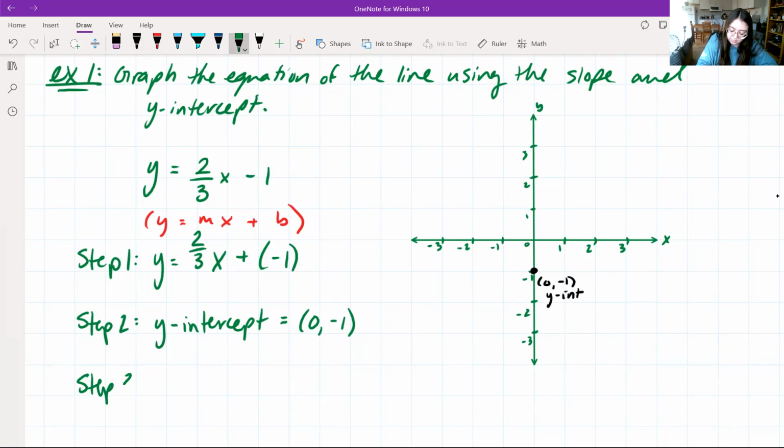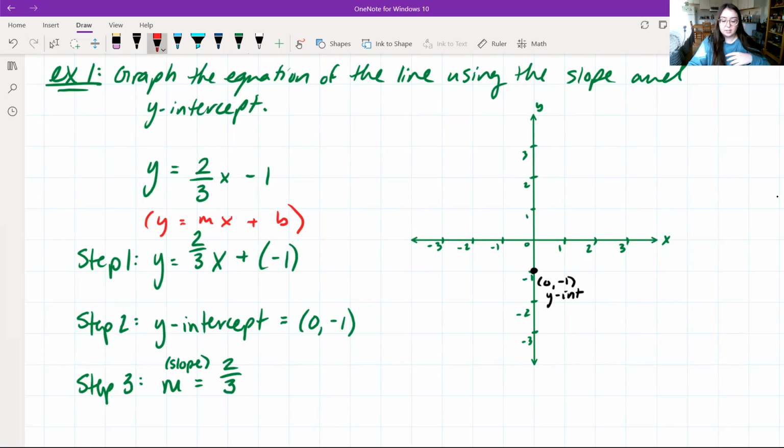And now step three, we want to identify the slope, or as we call it, m. Remember slope. So our m is just our coefficient in front of our x, which in this case is 2/3. So our slope is 2/3. Now we're going to use our geometric interpretation to plot a second point on this graph. We know that our slope is rise over run.